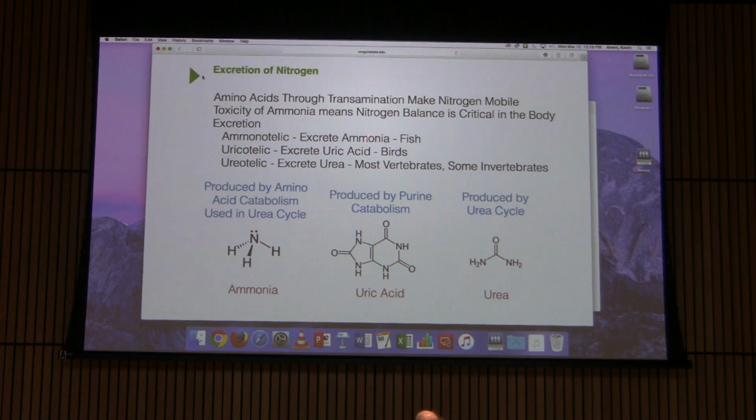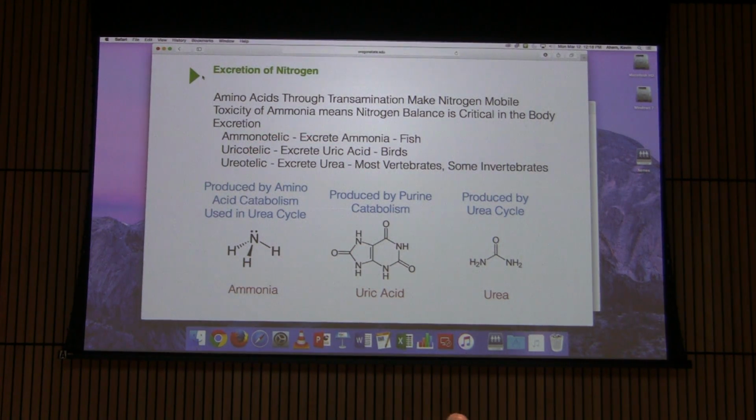The ammoniotelic are those organisms like fish that excrete ammonia directly. Anybody who's ever had an aquarium knows that if you don't clean that aquarium periodically, it's going to get pretty bad. The fish will ultimately die because, again, too much ammonia, and that sucker is going to smell pretty nasty as well. And that's because fish excrete ammonia.